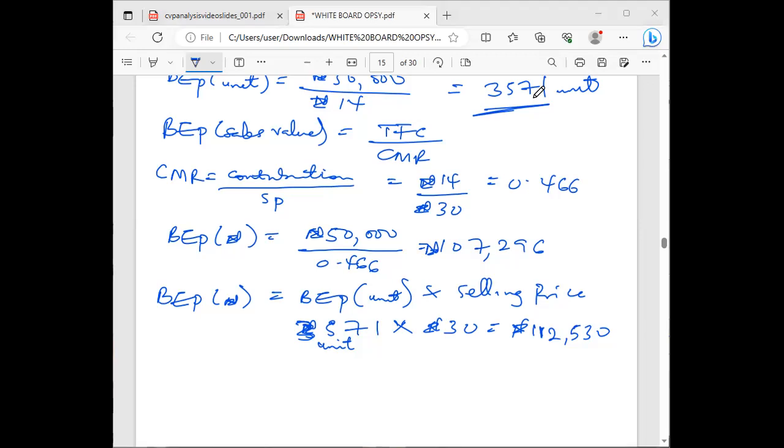Okay, the difference is as a result of approximation from the CMR.